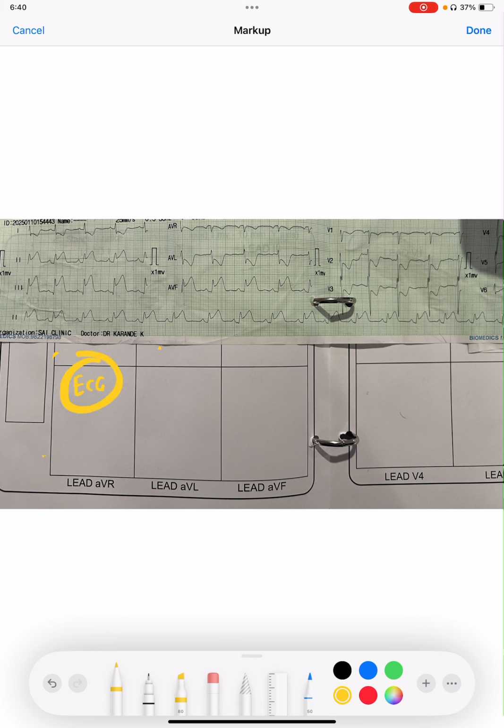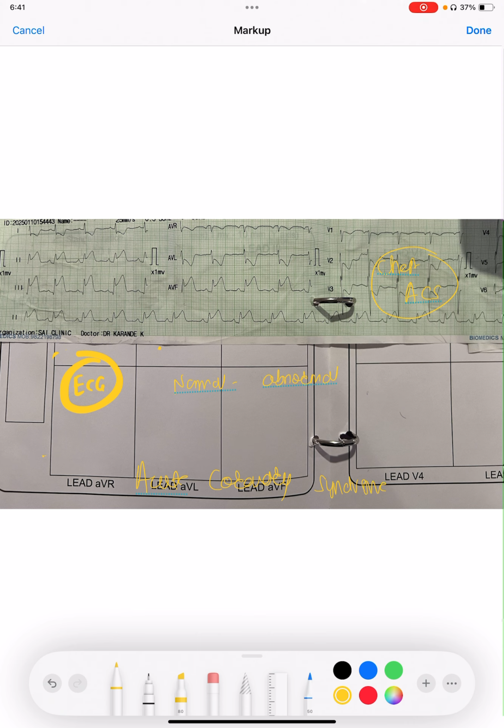As soon as we do the ECG, we have to see whether the ECG is normal or abnormal. Because in the approach to chest pain, in short, we are simply looking for acute coronary syndrome, that is, whether the patient has a heart attack or not, whether this is an emergency or not.